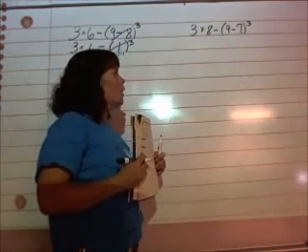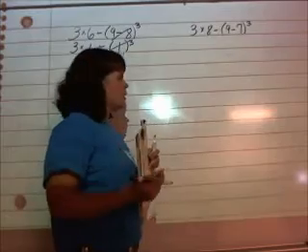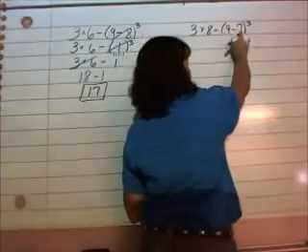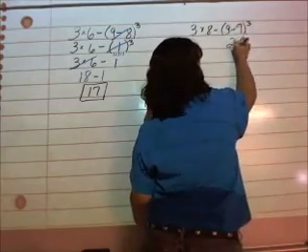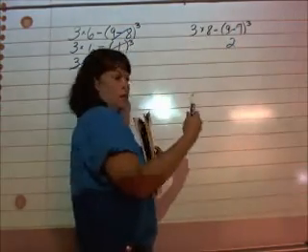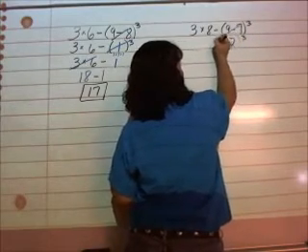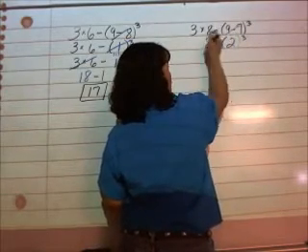So let's see. First step, parentheses. Is there anything to do inside those parentheses? 9 minus 7 is 2. Bring down everything. And yes, that does include your exponent.